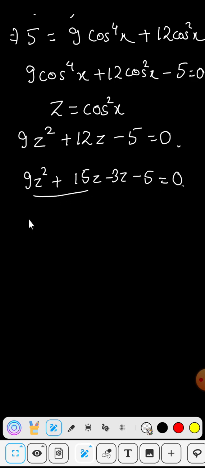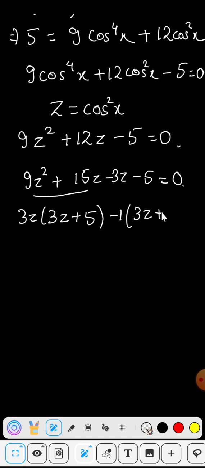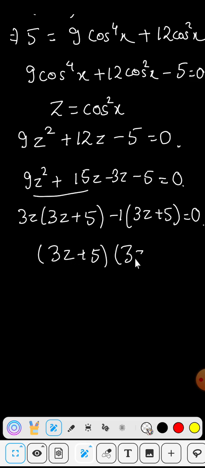In these two terms, we will take common 3z. So it will become 3z plus 5, minus 1 common, 3z plus 5 equal to 0. So 3z plus 5 is one factor, and the second factor is 3z minus 1 is equal to 0. Now we are getting the value of z as minus 5 by 3 and z as 1 upon 3.